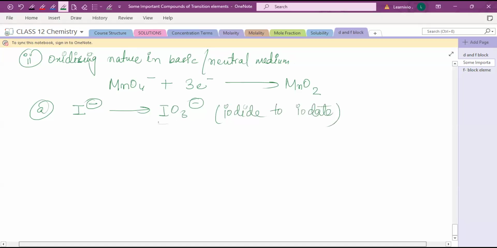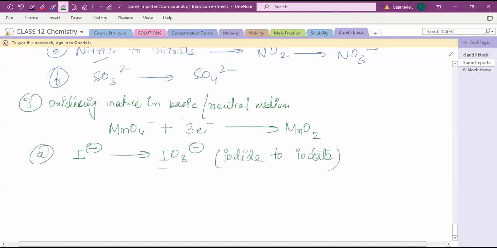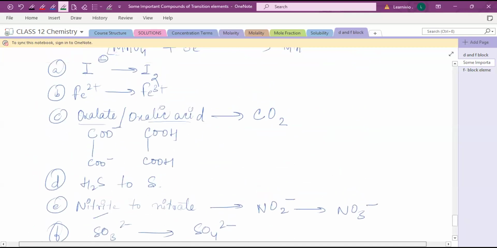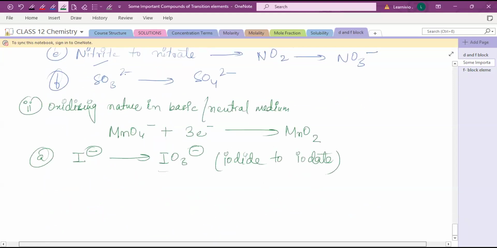This is important, just see the difference between these two. Got my point?